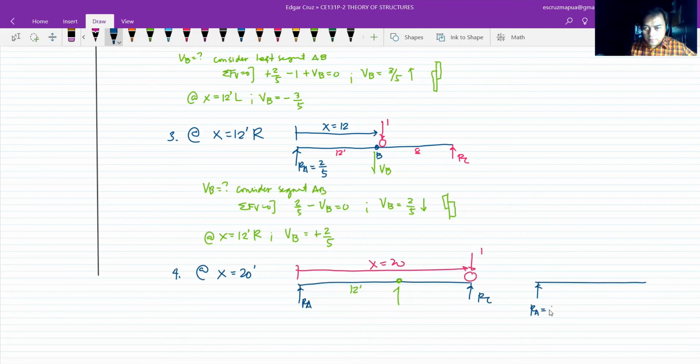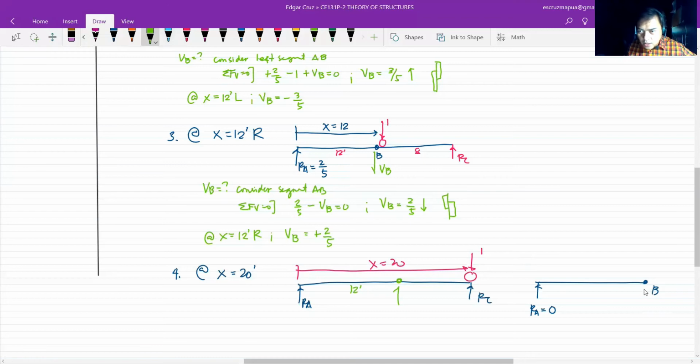Diba 0? Kasi diba ang RA natin is 20 minus x over 20. 20 minus 20 is 0 over 20 is 0. Okay, so tapos andito yung point B. Okay, so tapos doon lalabas yung shear sa B. Tapos ito 12 feet.